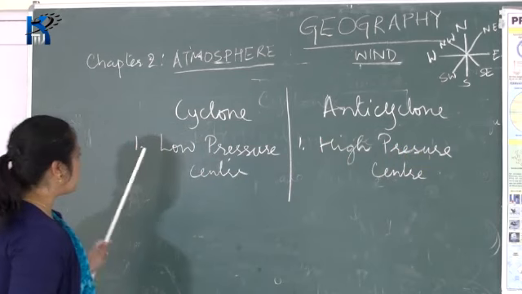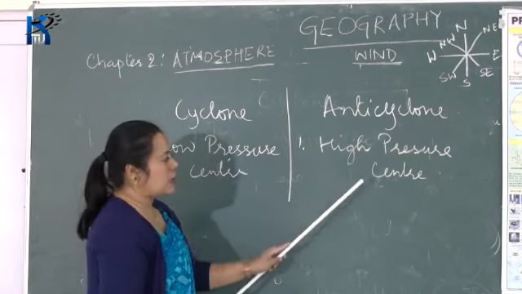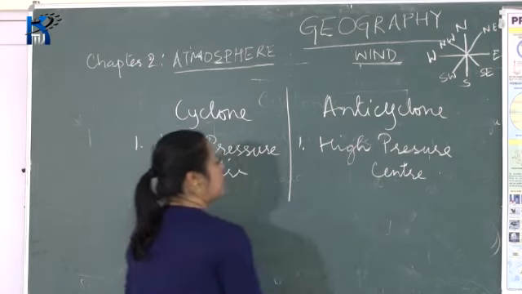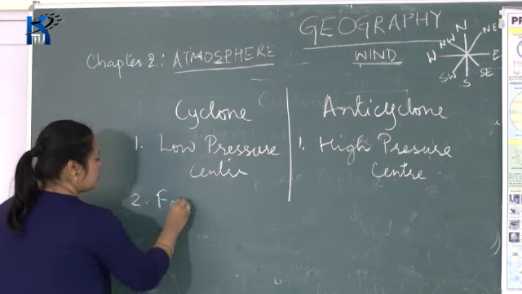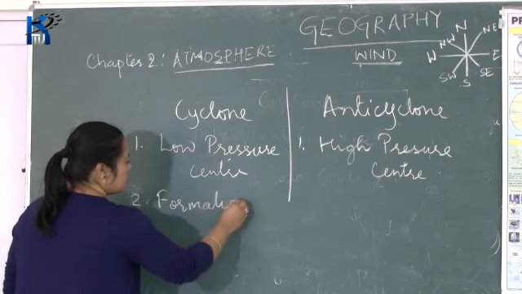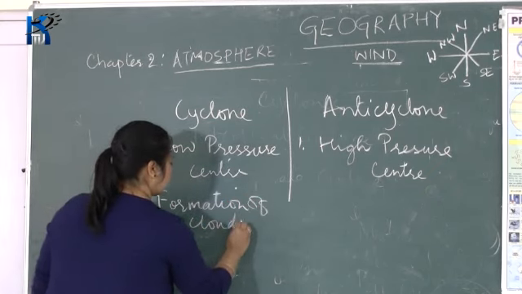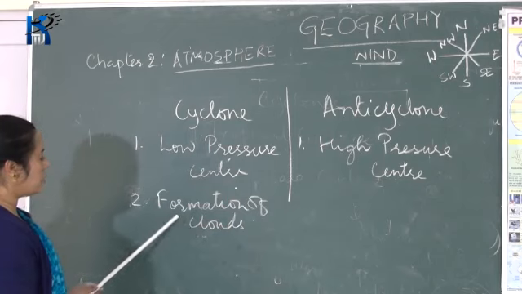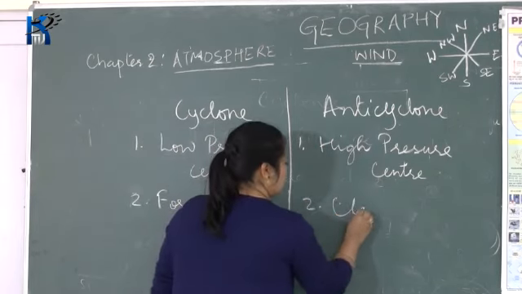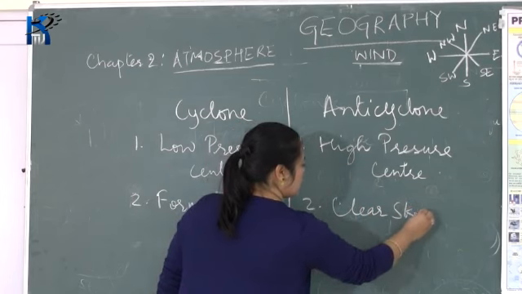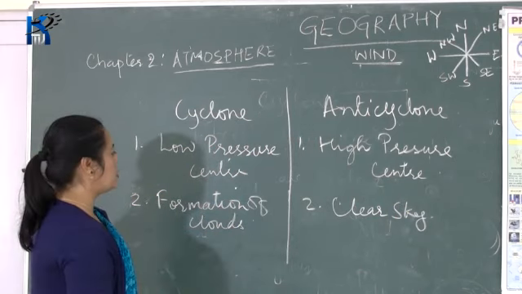Pressure condition is low pressure at the center in a cyclone and high pressure at the center in an anticyclone. Here is the formation of clouds, which results in torrential rain and thunderstorms. Here is a clear sky. Clear sky prevails in anticyclones.